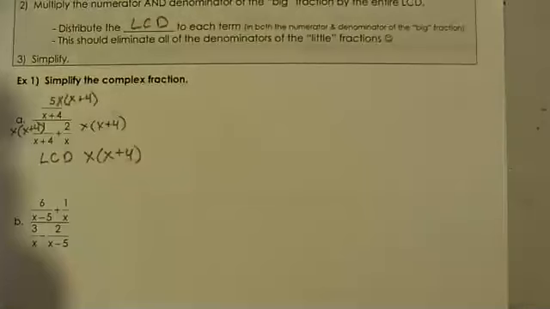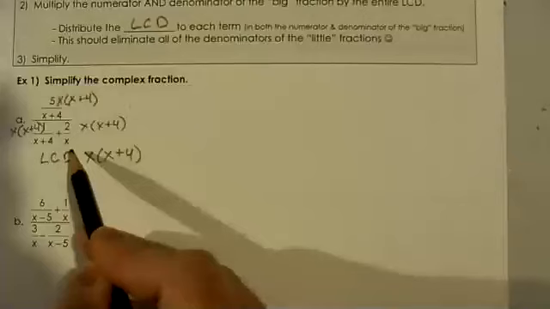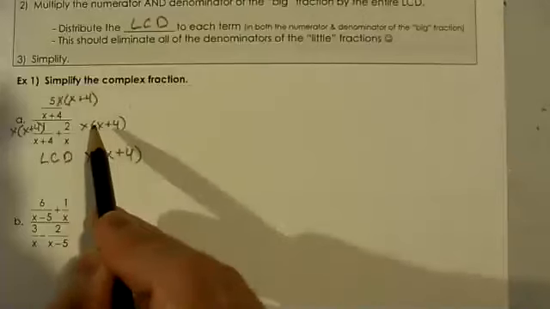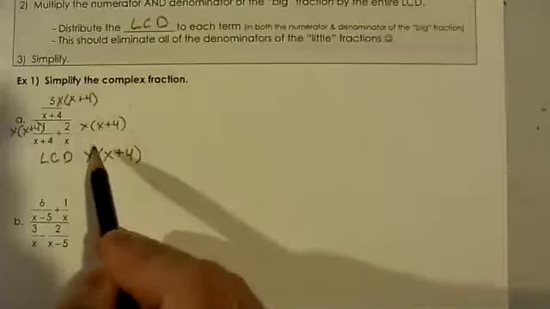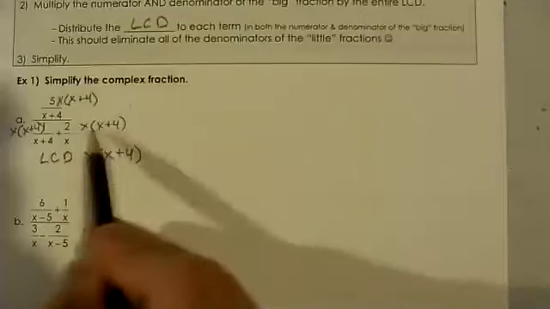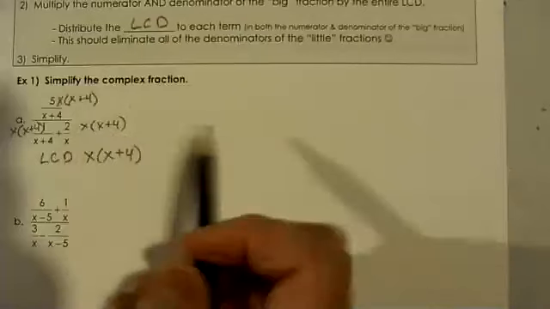And I'm trying to make it look obvious that I'm multiplying it to the top of every little fraction. You don't multiply a term to the bottom. You only multiply it to the top. Unless it's a fraction, and then it goes bottom to bottom, top to top. But your LCD won't be a fraction in and of itself.